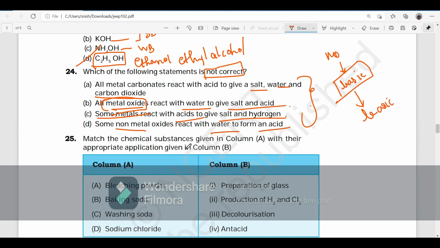There is no acid involved here. Water is neutral, and the metal oxide, being basic, should finally yield a basic solution and not an acidic solution. So it is B. B is not correct.